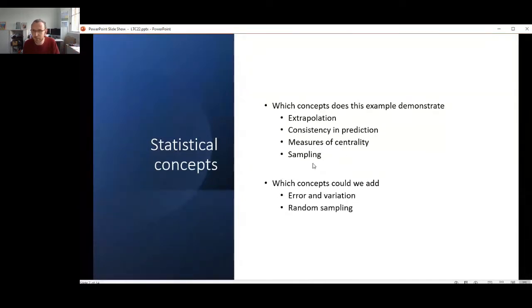And the idea of sampling, that we don't have time to count the whole tree, so let's just count a branch and extrapolate up. In terms of things our students would like to add, or think that maybe haven't been addressed directly in this example, are ideas of error or variation. So we might want to count more than one twig to get an idea of what variation there is.